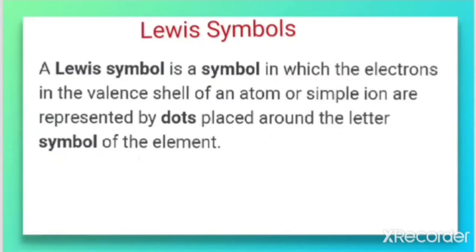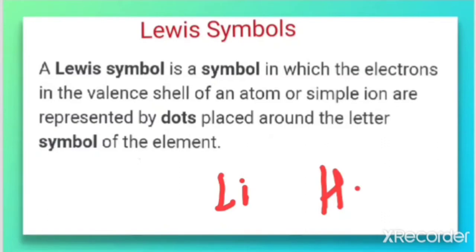That means the symbol of the element, like in the case of hydrogen, is written, and the number of valence electrons present in it is represented by a dot. Because it has only a single electron, we represent it with a single dot. For example, for the element lithium, the symbol is Li.